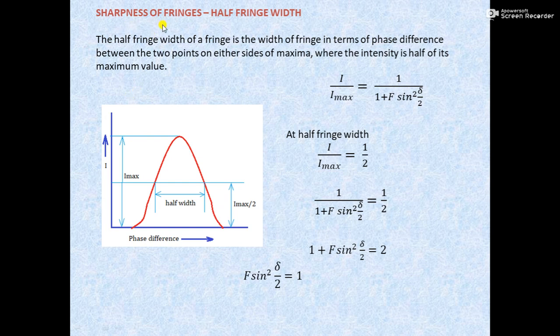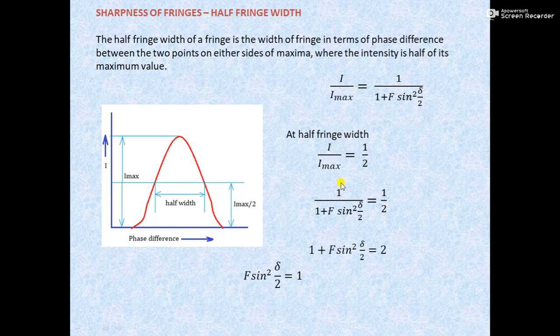Now, the sharpness of the fringes, which is the measure of half fringe width. The half fringe width of a fringe: it is a graph of intensity I versus phase difference for a particular value of R. The I maximum, and the half value of I maxima, are the 2 points on either side of maxima where the intensity is half of its maximum value.